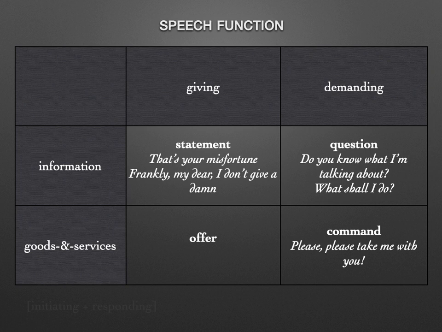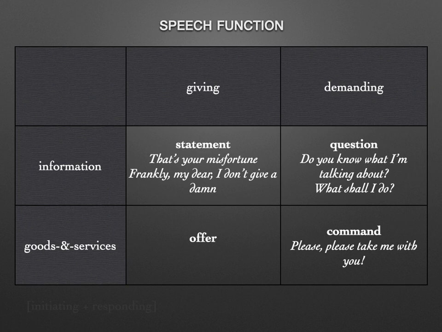So speech function is a semantic system for exchanging commodities in dialogue, for initiating and responding to exchanges, and it's based on two variables, actually three as we'll see, but the two that are central to us now are direction, the orientation of speech function: either one interactant is giving something or demanding something. What is that something? It's a commodity. What is the nature of the commodity?